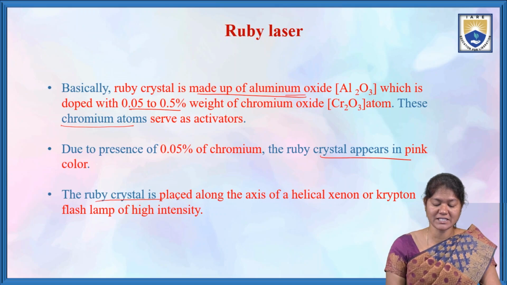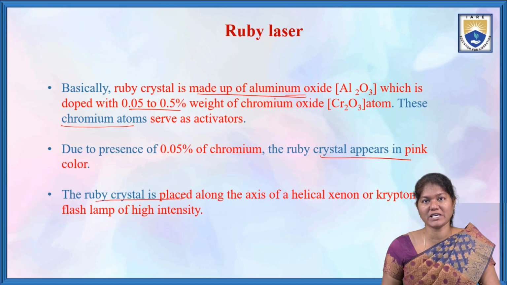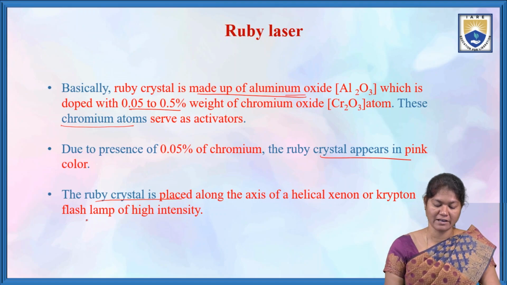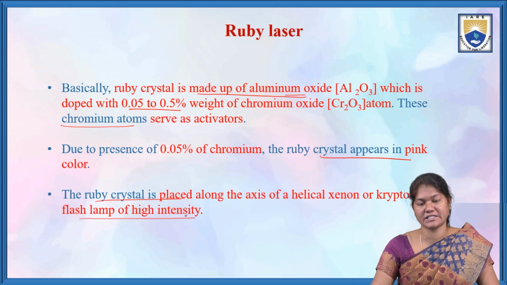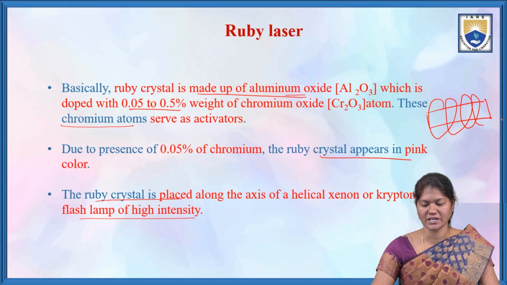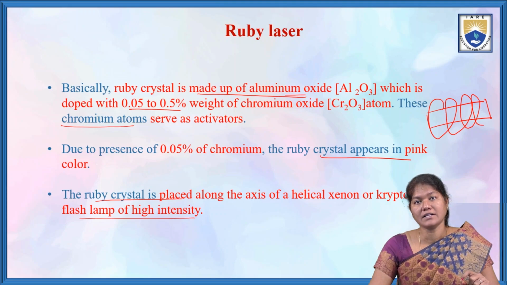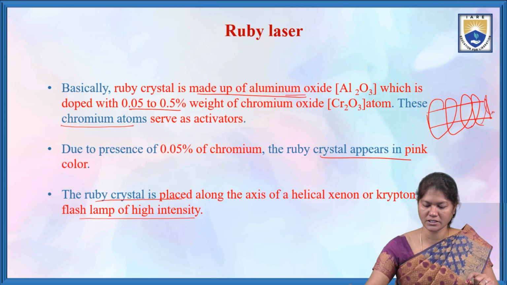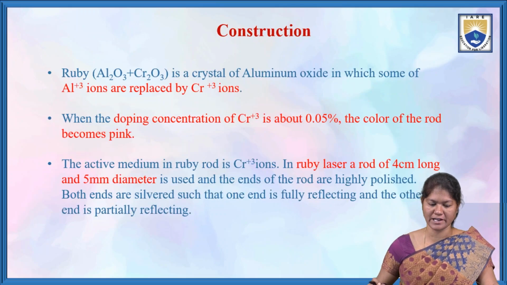The Ruby crystal rod is placed along the axis of a helical xenon flash lamp or krypton flash lamp of high intensity. So like this, we have a helical xenon flash lamp.